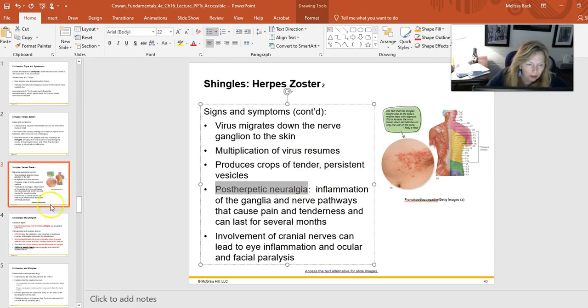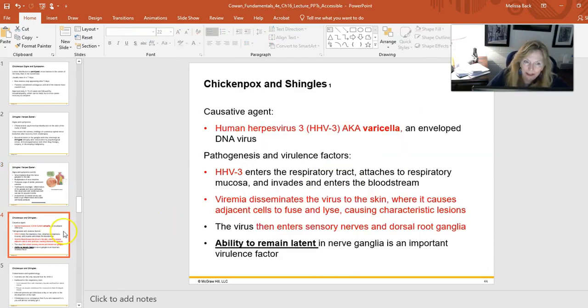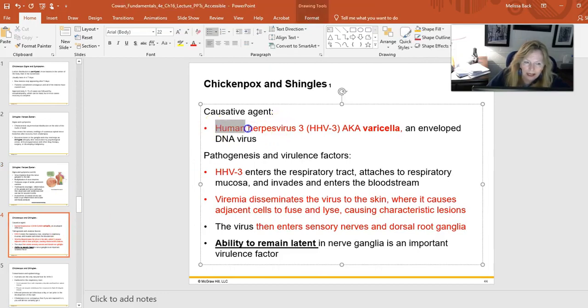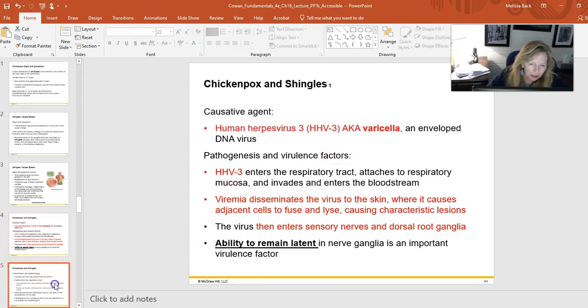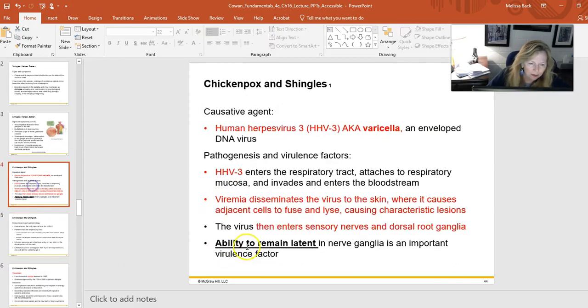So this can certainly be a very serious sequela. Again, the human herpes virus, HHV-3, is also referred to as varicella zoster or herpes zoster. And that's describing exactly how it progresses.